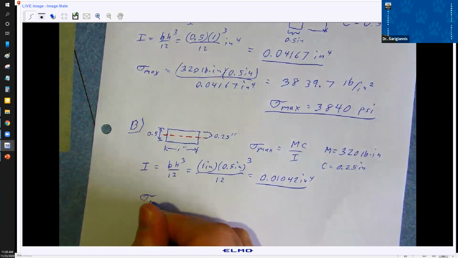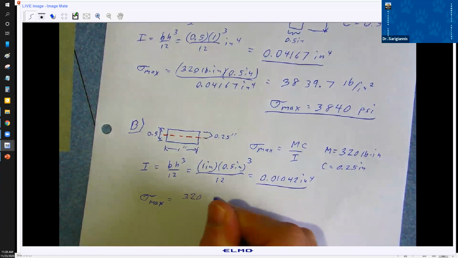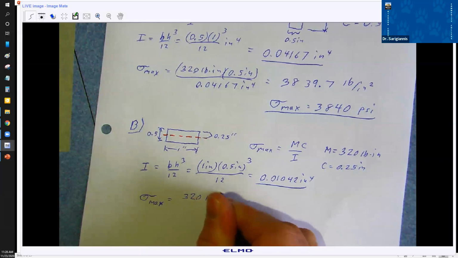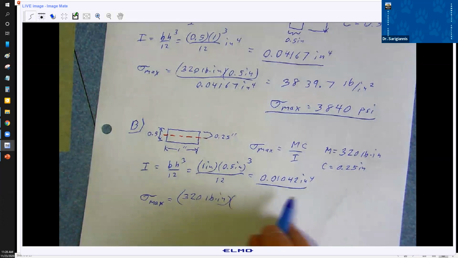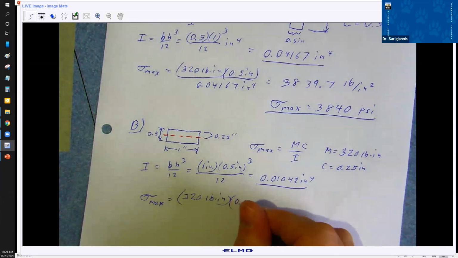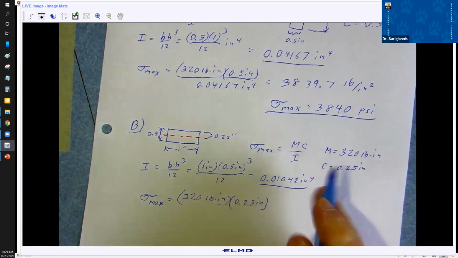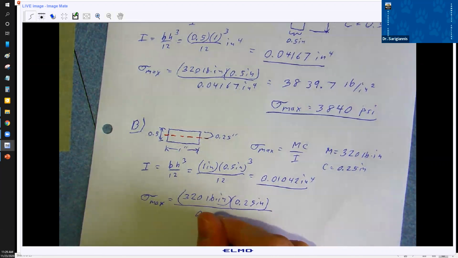So we're going to calculate sigma max. 320 pound-inch, we've got 0.25 inches, that's my C. And then my moment of inertia, 0.01042.